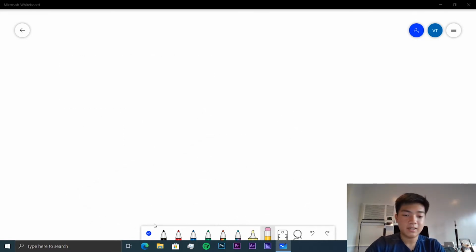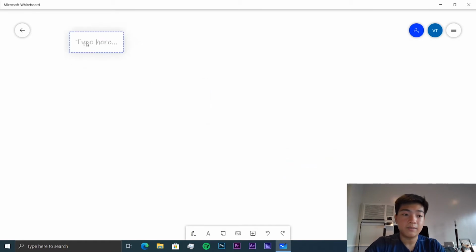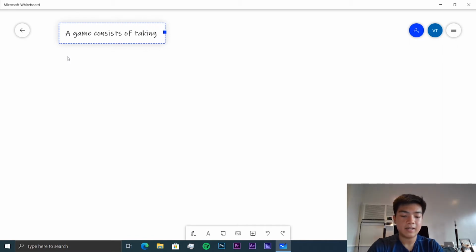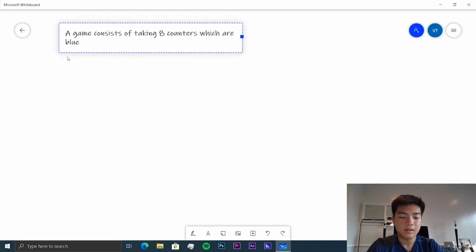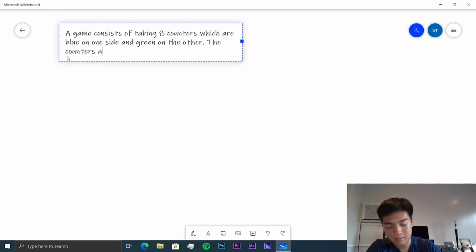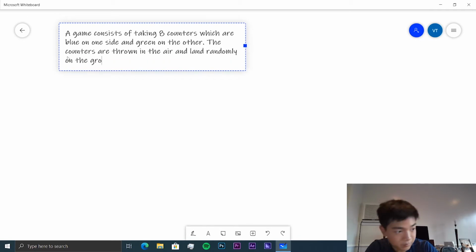Okay, next question. We have a game that consists of taking 8 counters which are blue on one side and green on the other. The counters are thrown in the air and land randomly on the ground.